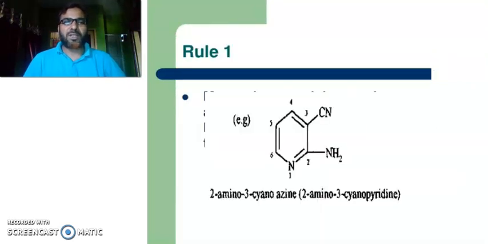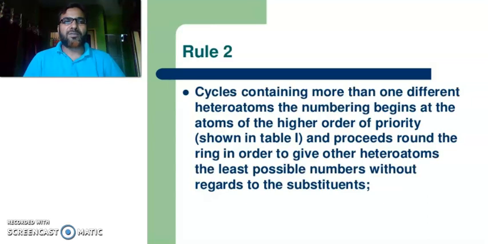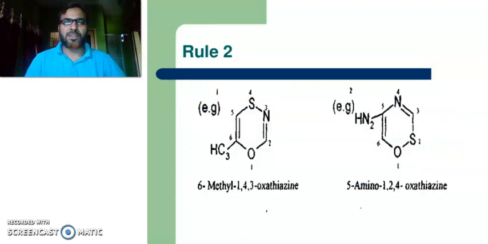You can see rule number 1. Starting from nitrogen 1, 2, 3, 4, 5, 6, 2 position NH2, 3 position cyano, so 2-amino-3-cyanoazine, 2-amino-3-cyanopyridine. Now friends, rule 2. In cycles containing more than one different heteroatom, the numbering begins at the atom of higher priority and proceeds round the ring in order to give the other heteroatoms the least possible number without regard to the substituents.